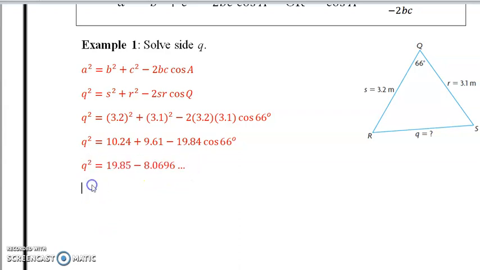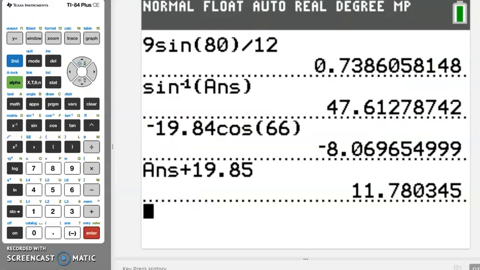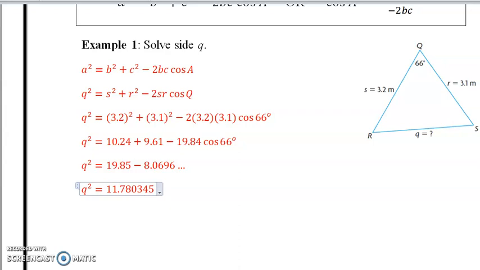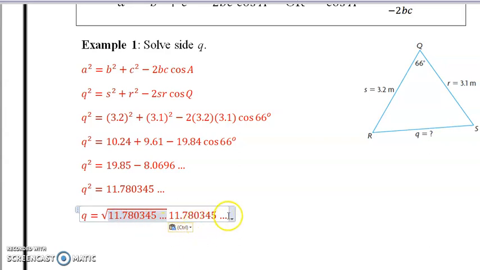So we add those two numbers together, and we got 11.780345, and so on. And then the final step is to take the square root of both sides. So if we take the square root of Q squared, we get Q, and then we need to take the square root of 11.78 and so on.